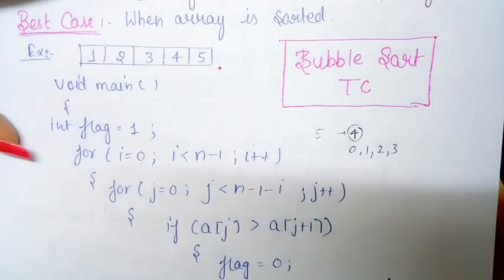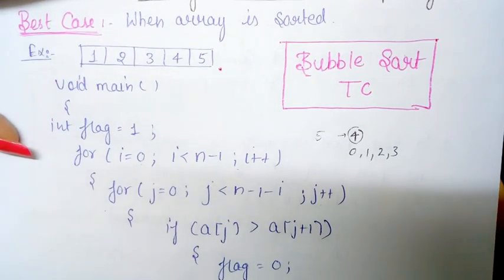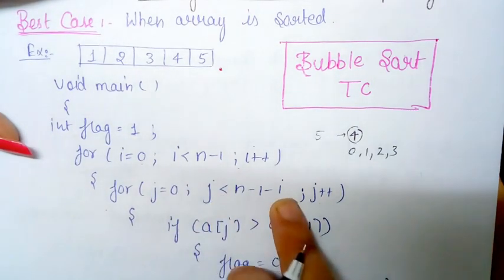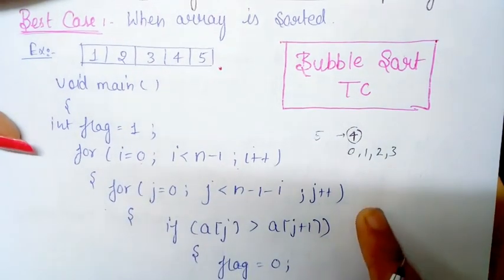With the increment of each pass there will be a decrement in the comparisons. So the j value starts from 0 and decrements according to i.